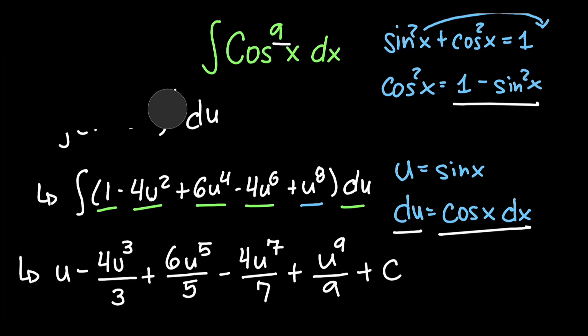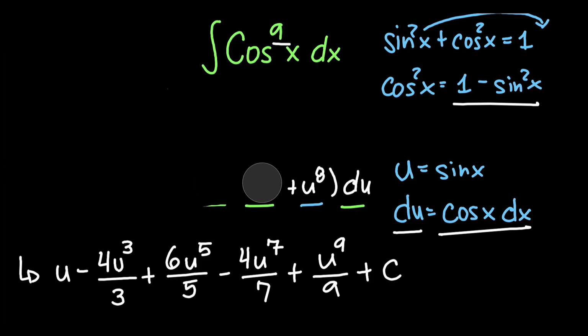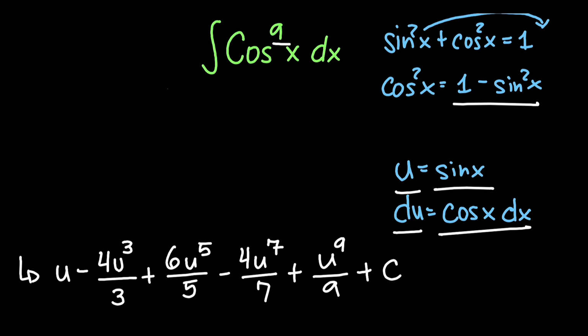But keep in mind that this is still not our final answer yet, because we must revert our variable into its original form. Our variable here is u, and its original form is sine of x.